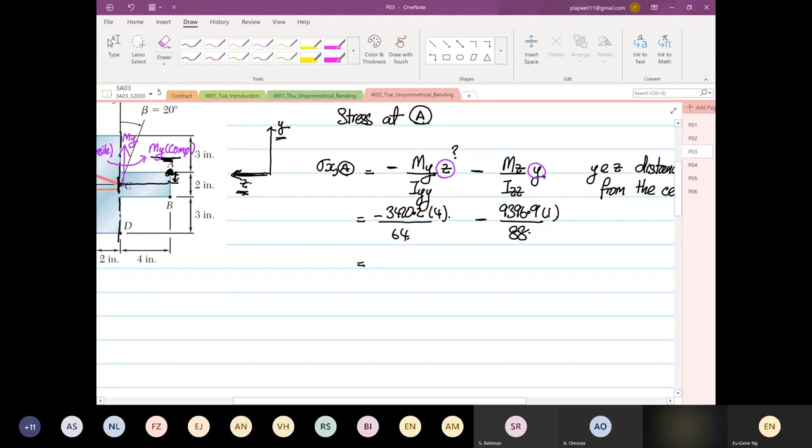So this will be equal to 3420.2 times 4 divided by 64. So this will be equal to minus 213.763, and then minus 9396.9 divided by 88, which is equal to 106.783.